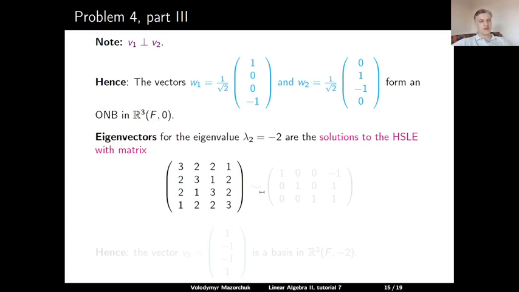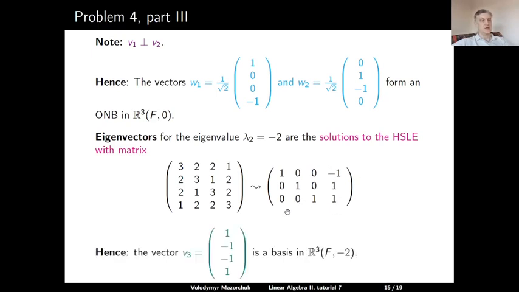After the Gauss elimination, this reduces to the matrix (1, 0, 0, -1), (0, 1, 0, 1), (0, 0, 1, 1). And the homogeneous system of linear equations with this matrix has one linearly independent solution, which is the vector (1, -1, -1, 1).